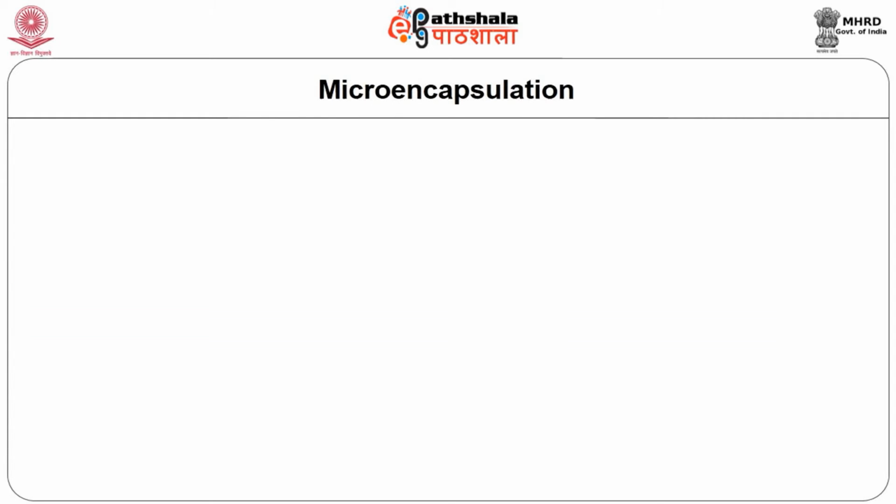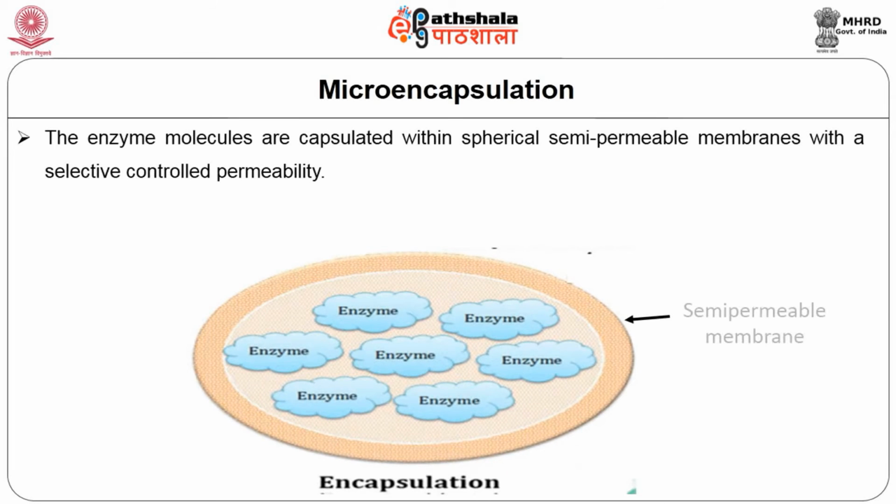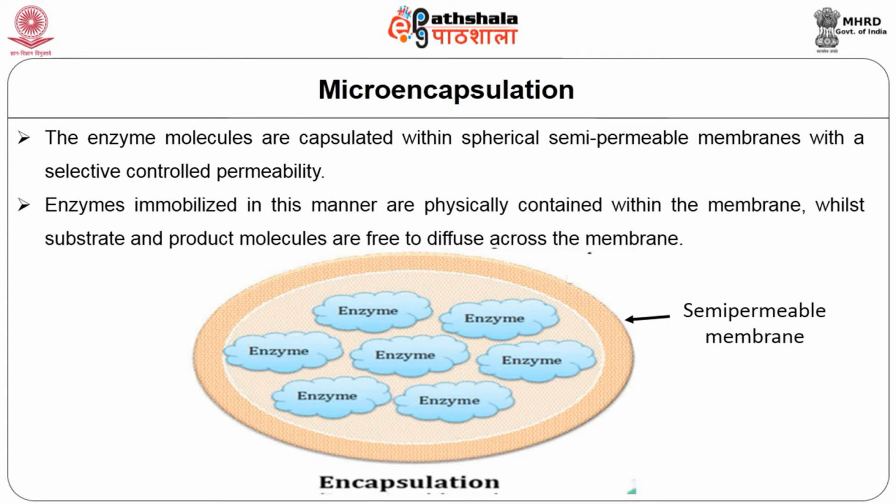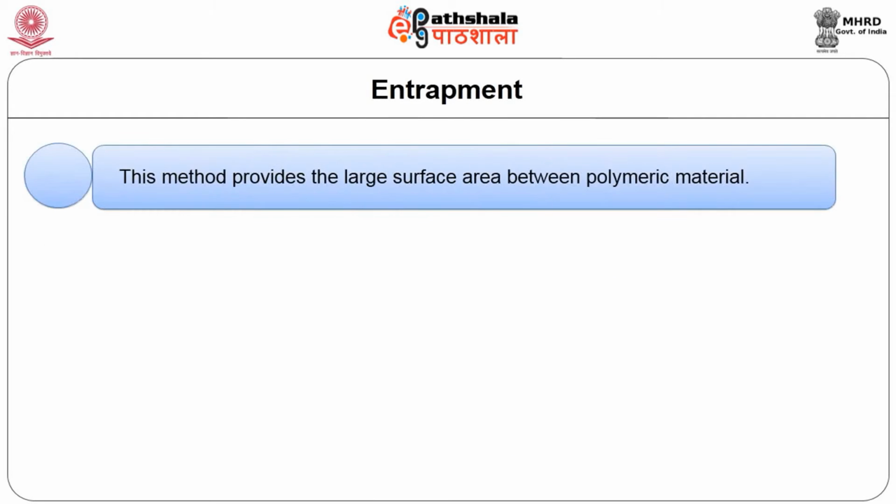In the microencapsulation method, the enzyme molecules are encapsulated within a spherical semi-permeable membrane with a selective controlled permeability. Enzymes immobilized in this manner are physically contained within the membrane, whilst substrate and product molecules are free to diffuse across the membrane. This method provides a large surface area between polymeric material and the enzyme.